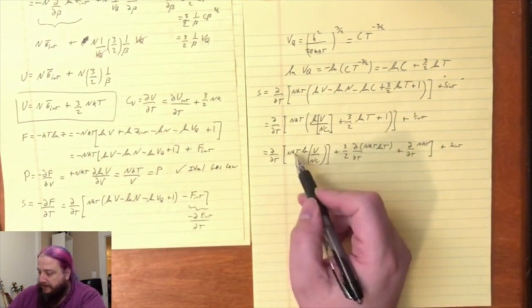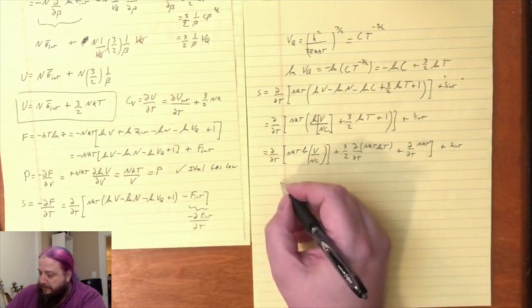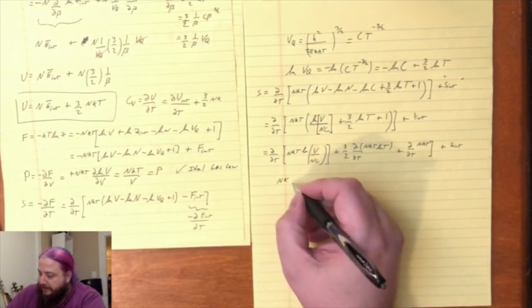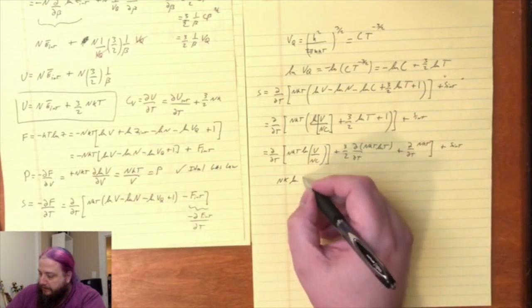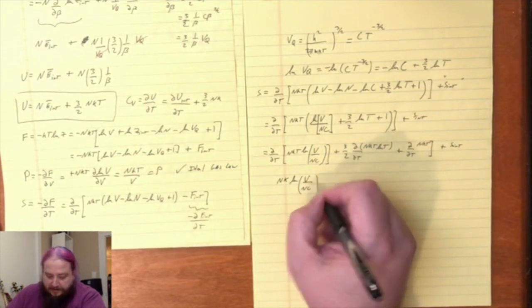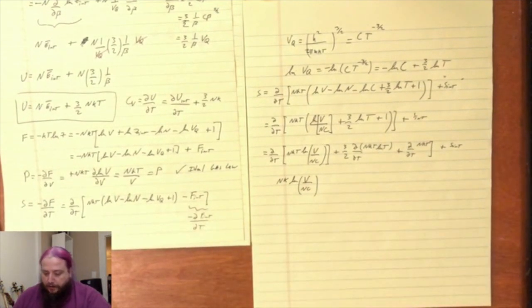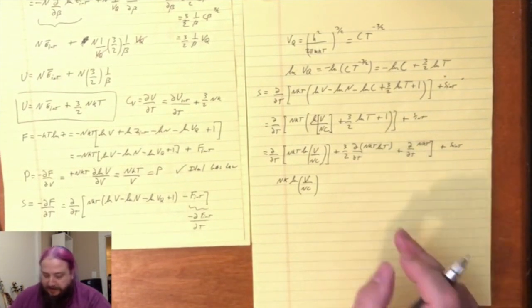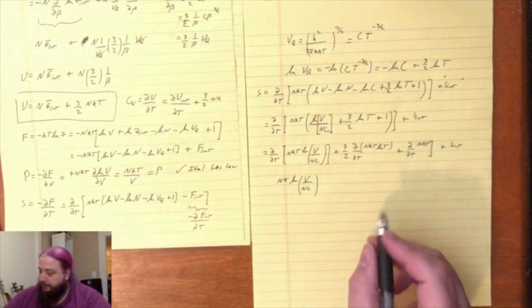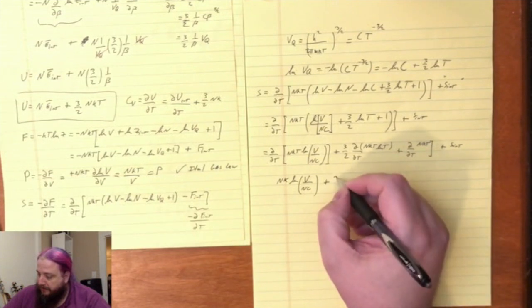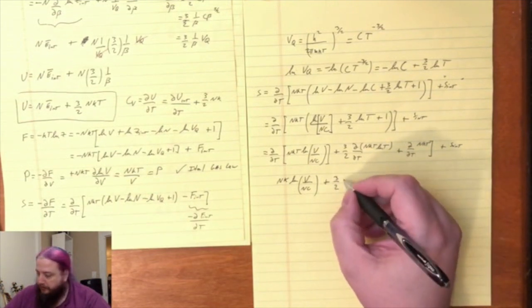It's just d by dT of T times nk, leaving us with nk logarithm of V over nC. This second term we have to evaluate via a product rule.